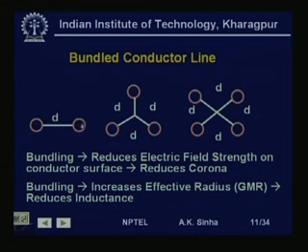So, it will be root 2 into pi r, whereas in the other case it will be pi r only. So, here what we see is the surface area of the conductor increases considerably, and because of this the electric stress reduces.